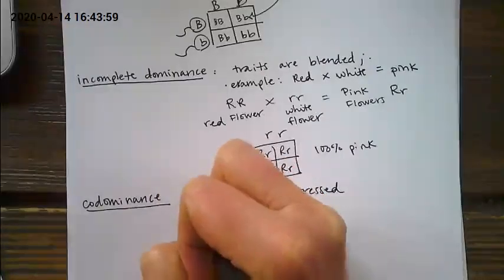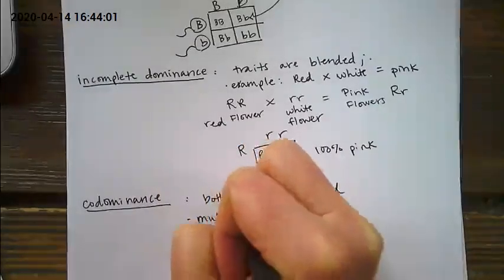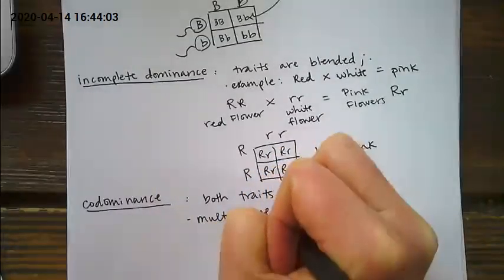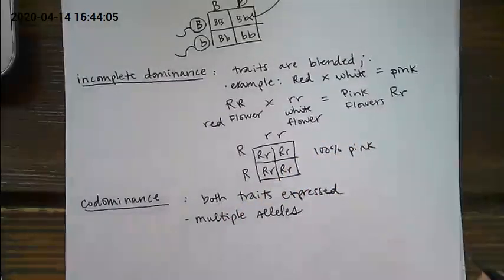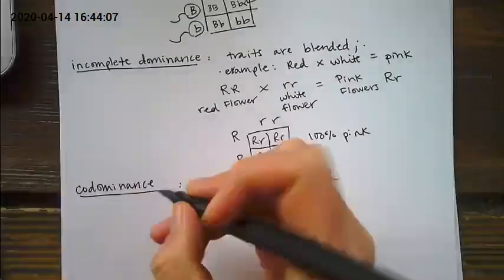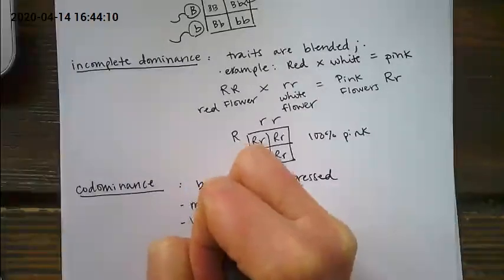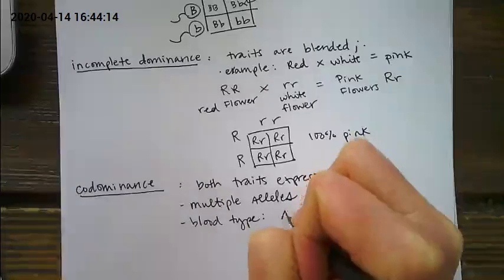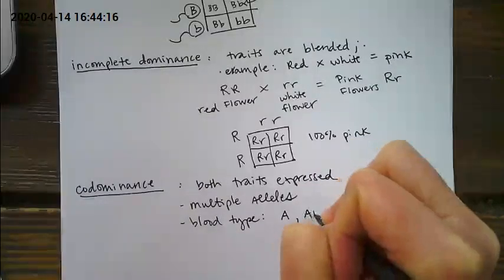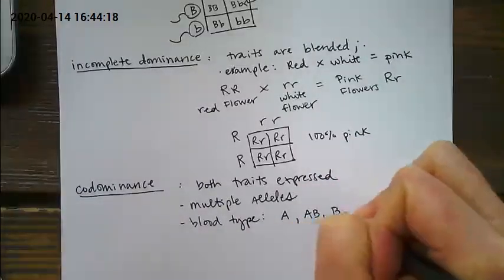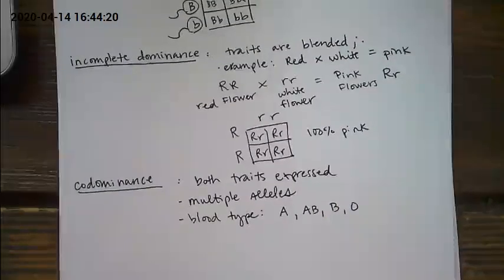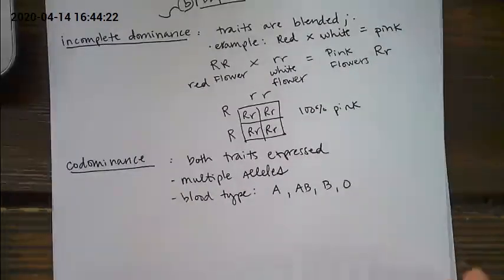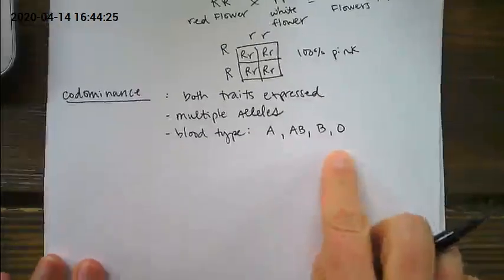This could also have multiple alleles, so more than just one letter. And the example for this is blood type. So for blood type, you could be type A, type AB, type B, or type O. And when we talk about our blood type, what these letters are actually referring to.